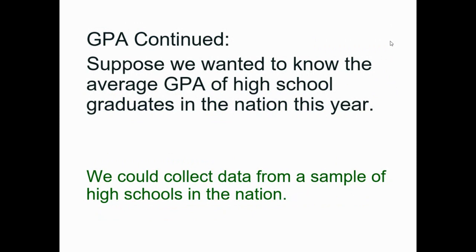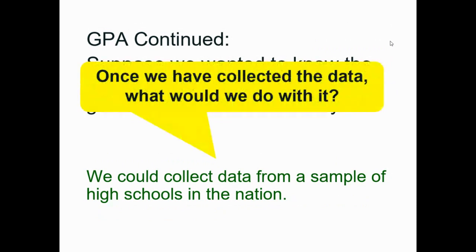So just kind of continuing with this, we could collect data now. Instead of doing the whole population, we can collect it from a sample of high schools. So once we've collected the data, we went around, we figured out how we're going to sample, and we sampled it. What would we do with all that raw data? Organize it.